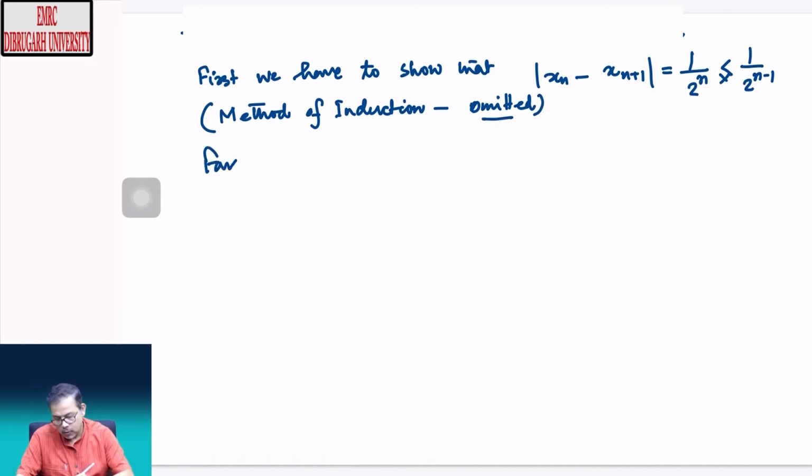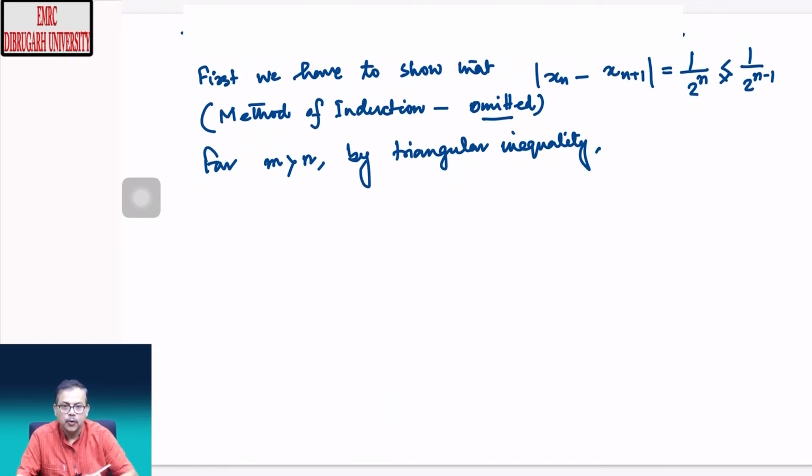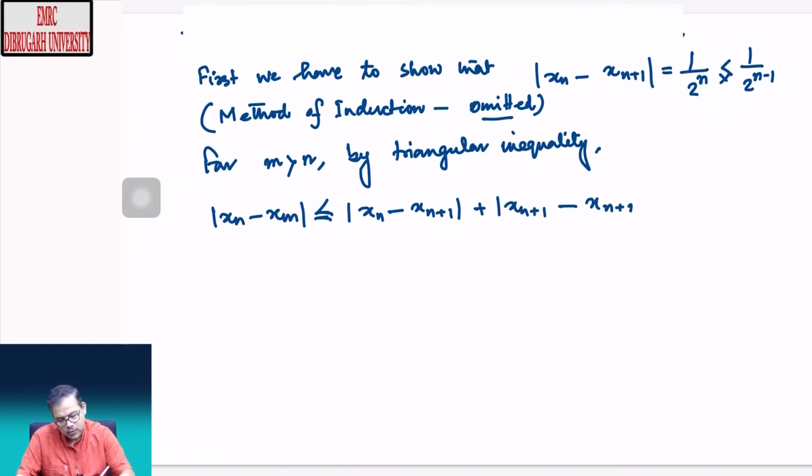For m greater than n, by triangular inequality, we have x n minus x m, which can be written as x n minus x n plus 1 plus x n plus 1 minus x n plus 2 plus and so forth, and the last term would be x of m minus 1 minus x of m.